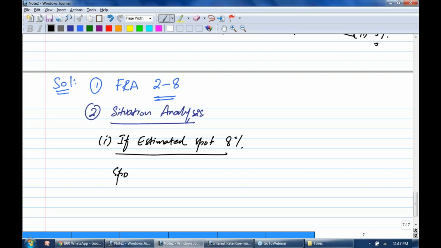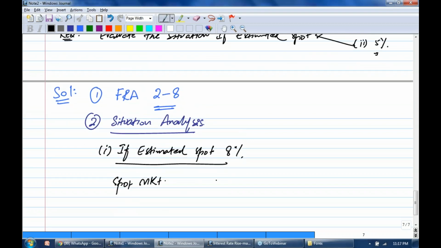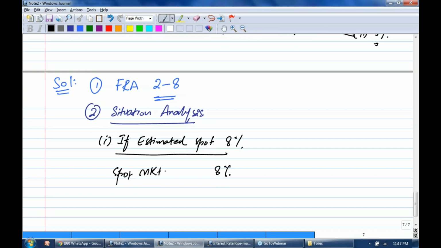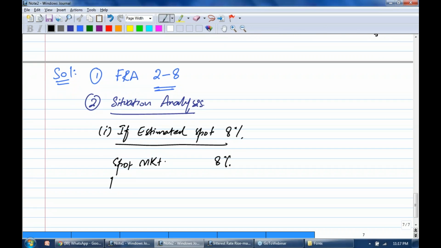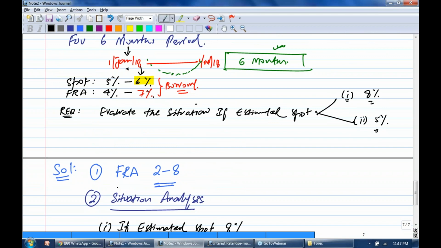So we will go to the spot market and get the rate of 8%. FRA settlement. What we will say with the FRA settlement? In case of payment, we have bet with the 7%.